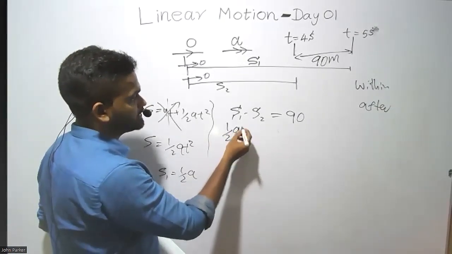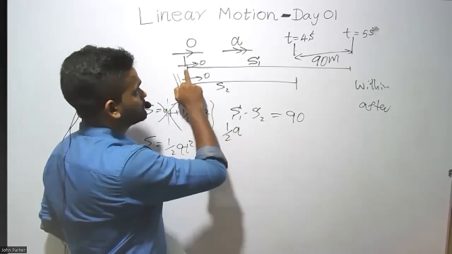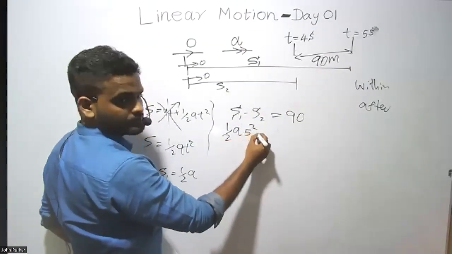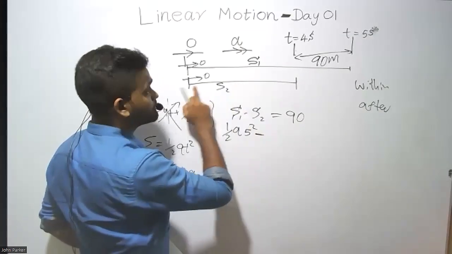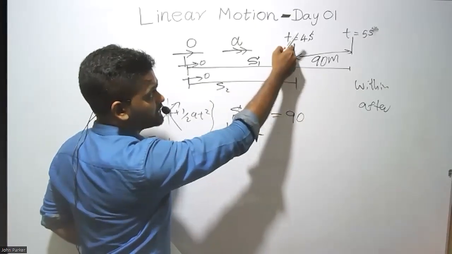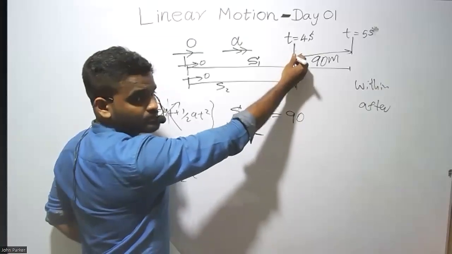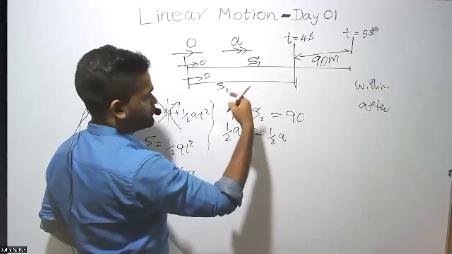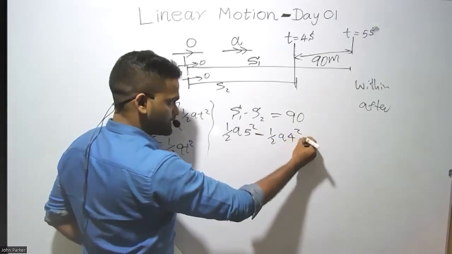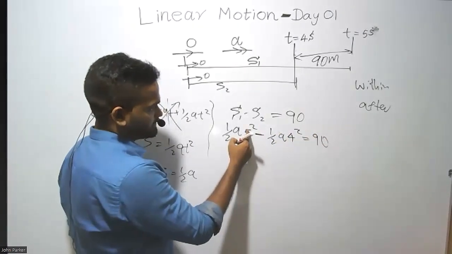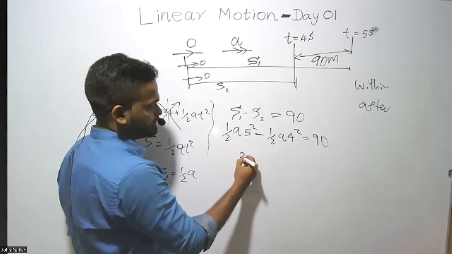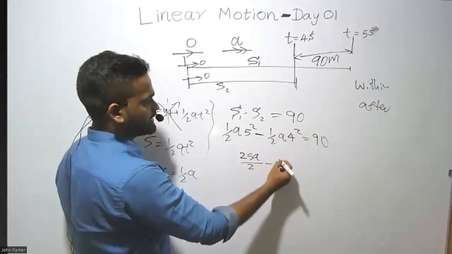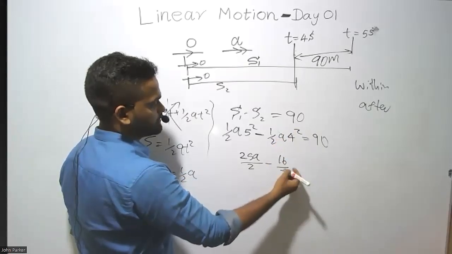Acceleration is simply a. For S1, time is what? For S1 from here to here, that is 5 seconds. Half at squared minus, for S2 from here to here, it is 4 seconds. 4 means the 4th second moment, right? Half a, acceleration same for both, 4 squared, equals 90. So 5 squared is 25, 25a divided by 2, minus 16a, 4 squared a divided by 2, equals 90.